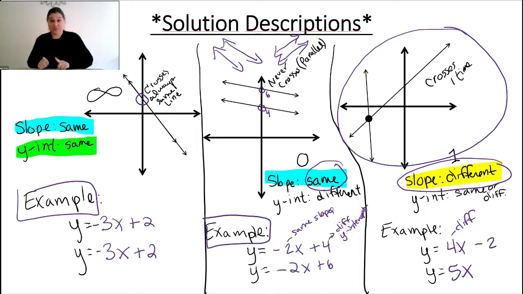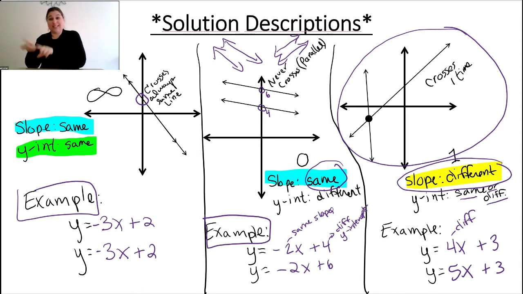So it could be -2 plus 10. It could even be the same, because if it's the same, that just means that's exactly where they cross at the y-intercept. So that's why it says same or different. It doesn't matter what the y-intercepts are. Okay, it doesn't matter.